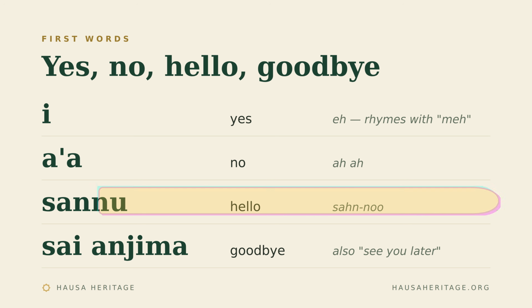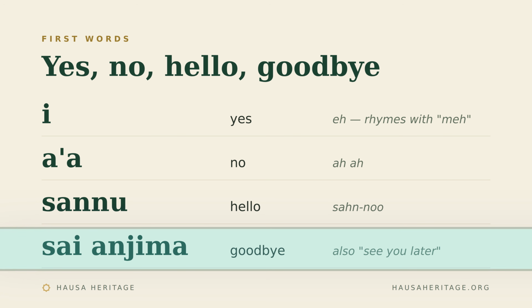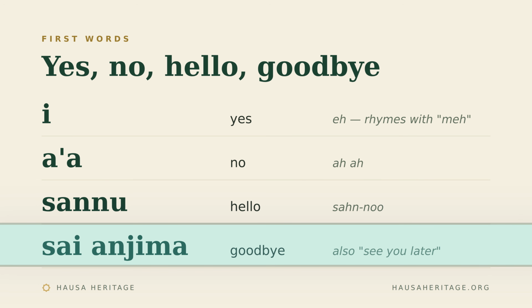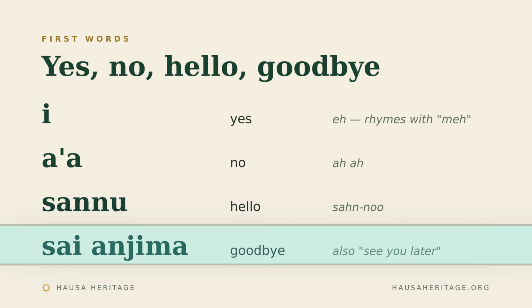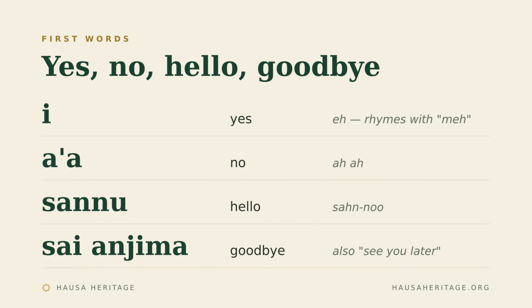Sannu. Good. And then we have sai an jima. Sai an jima means goodbye or see you later. Sai an jima. Good.